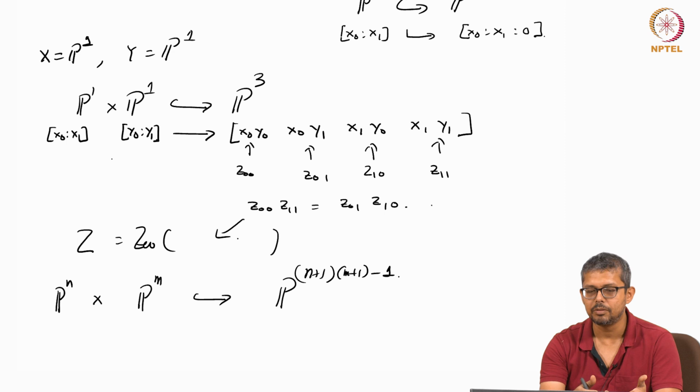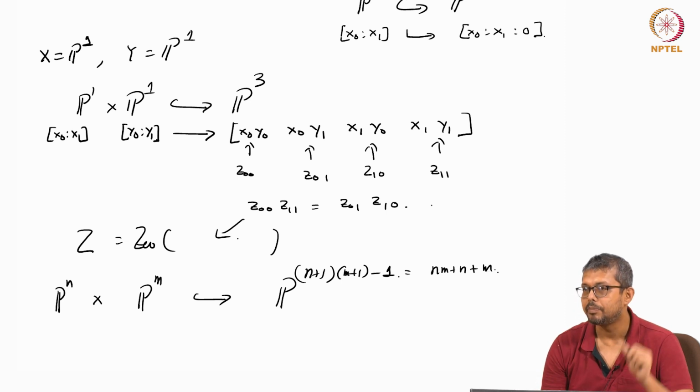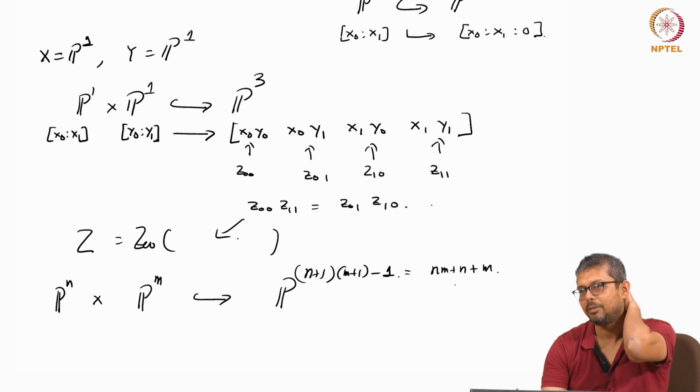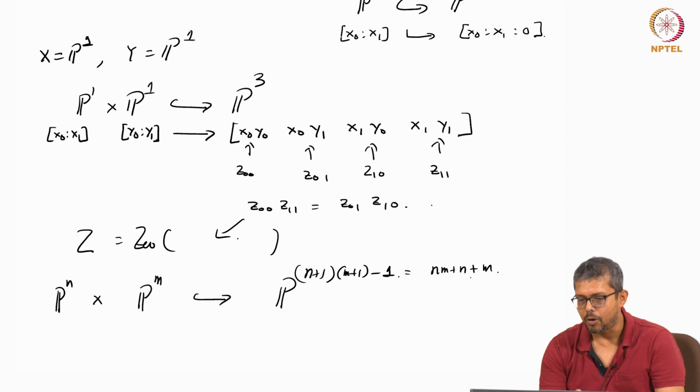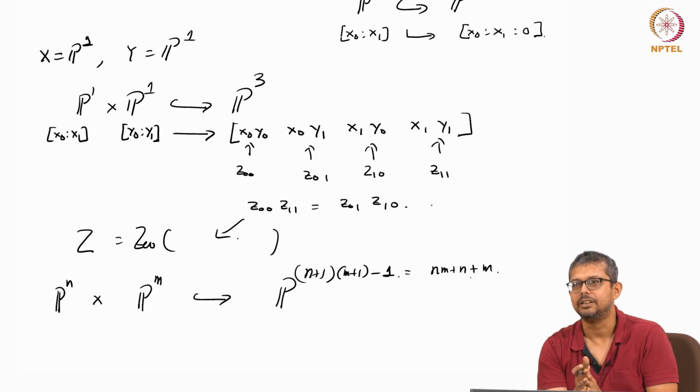This is nothing but nm plus n plus m. Now if you take n equal to m equal to 1, you go to P3. Where you are embedding depends on the number of variables on the left hand side and no other things.